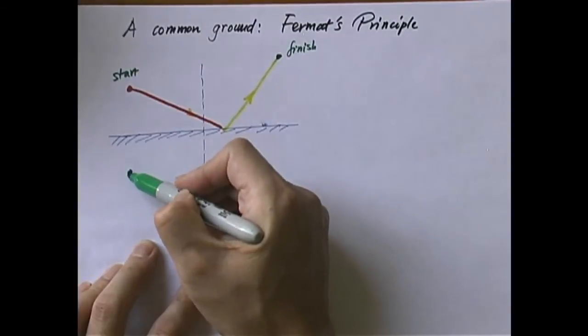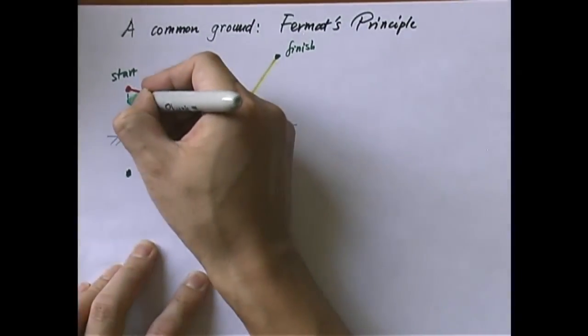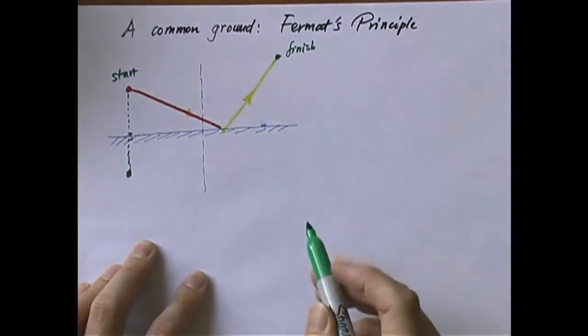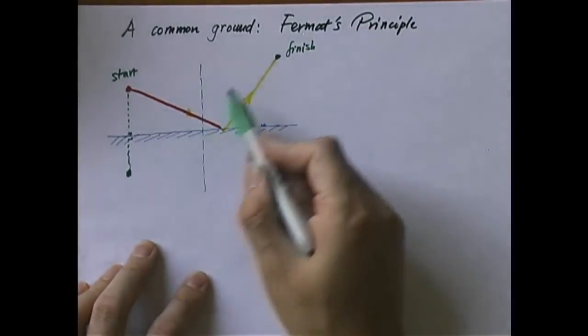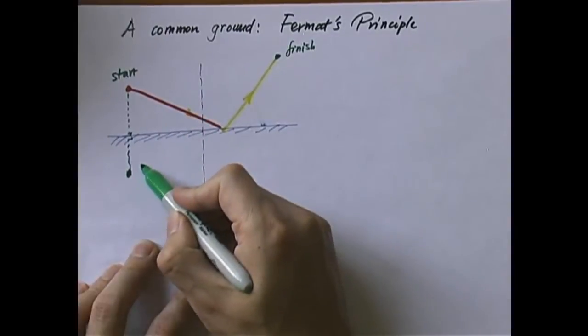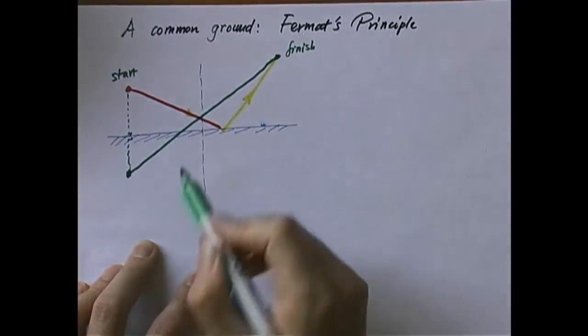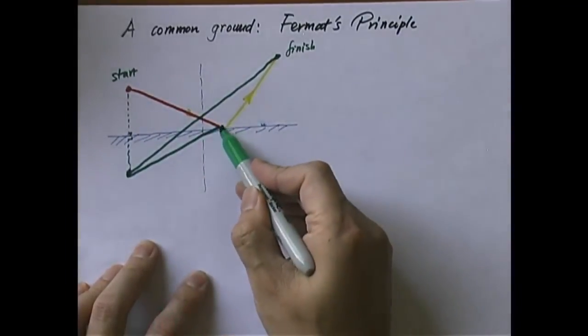This is the mirror image of that point, which means these two distances are the same. Now I'm going to connect this mirror image to the finish line. I'm also going to connect that. Suppose that is the actual landing spot.